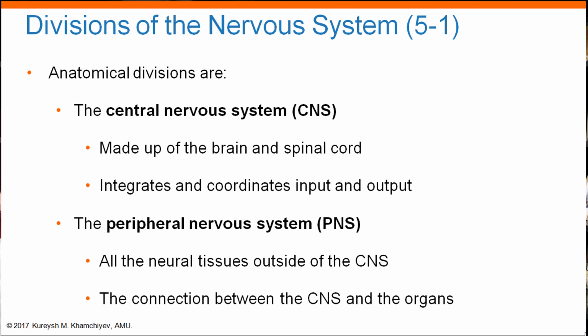The central nervous system, CNS, is the brain and spinal cord, and the peripheral nervous system, PNS, is everything else: the cranial nerves, spinal nerves, etc. The brain is contained within the cranial cavity of the skull, and the spinal cord is contained within the vertebral cavity of the vertebral column.